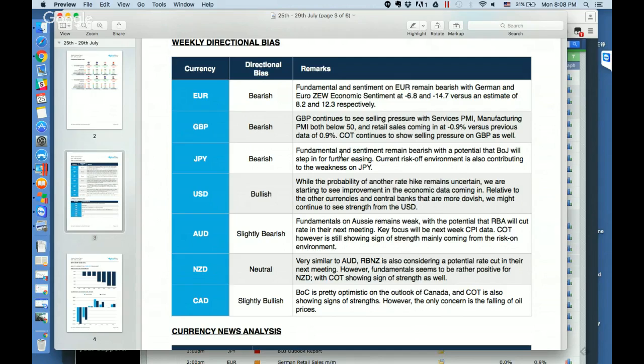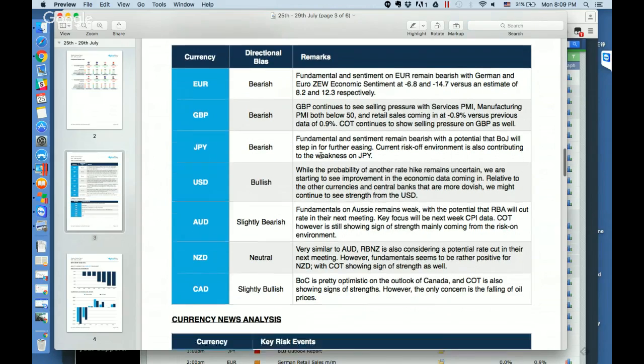But if BOJ decides not to do much this Friday, they will disappoint the market and yen will rally after that. If you look at the signals setup that we shared with you this week, there's not a lot of yen. In fact, there's only one, which is Canadian yen. So we are avoiding yen pairs as of now. But for those who would like to trade the BOJ news release, you can do so on the Friday.